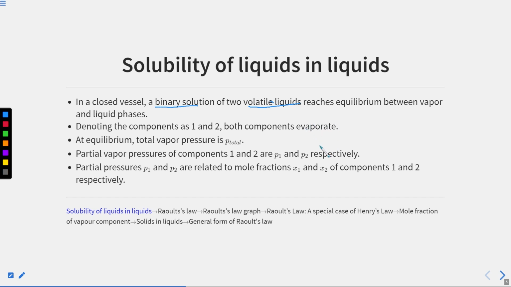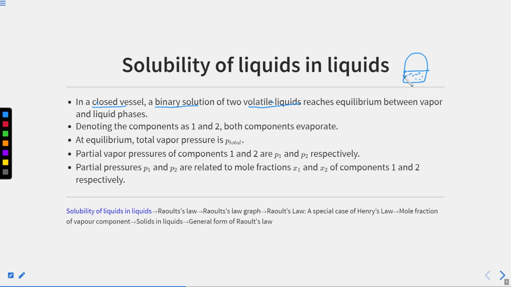Now, if you take a closed vessel and fill it with a volatile liquid, two volatile liquids actually, then we will see there is an equilibrium between both the phases. Suppose I have taken a closed vessel like this and filled half of it with a volatile liquid.